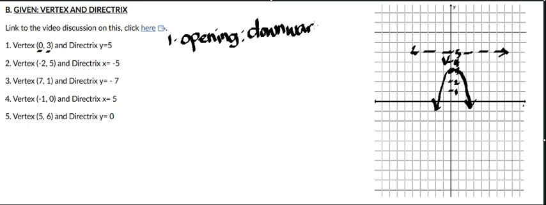Now let's go to identifying the opening without graphing. By simply looking at the directrix, we've got y equal to 5. Since the directrix is y equal to 5, there are only two possibilities for the opening of the parabola: downward or upward, because the directrix is with y. Now, comparing that with the y value of the vertex, our y value here is 3.